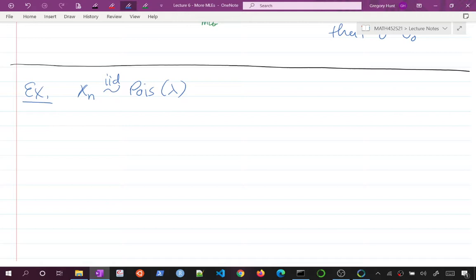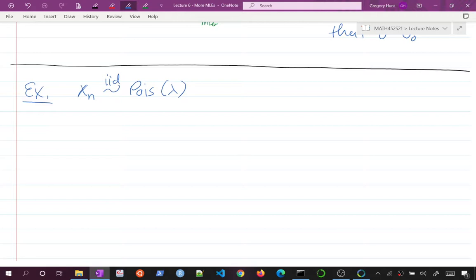That might have a Poisson distribution. It's a count. I have 0 fish in a certain time, 1 fish, 2 fish. And I want to estimate this parameter lambda, which is basically the average number of fish I would expect to have in this river in a certain amount of time. So there's a practical example of why I would want to estimate lambda. Fish is a good example. Poisson is French for fish, right?